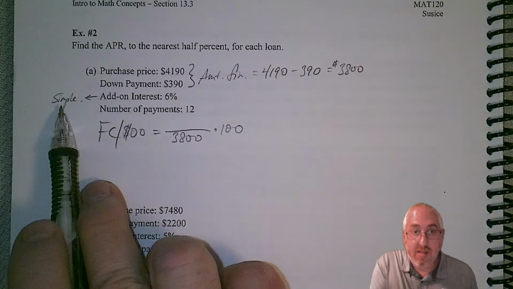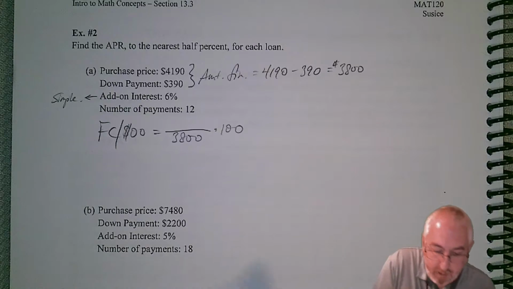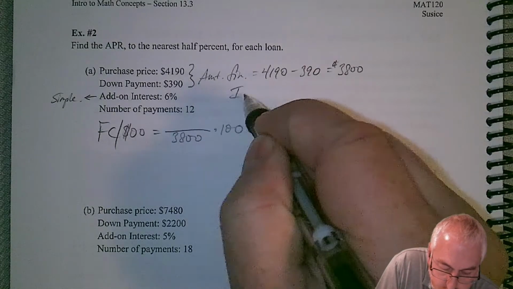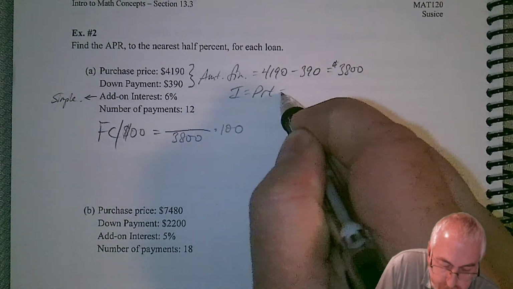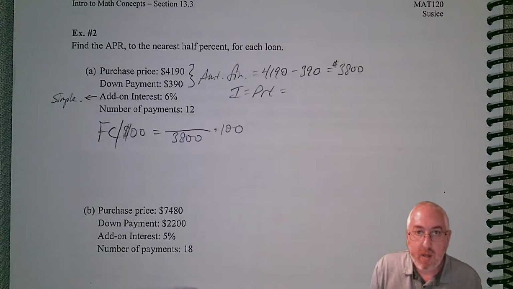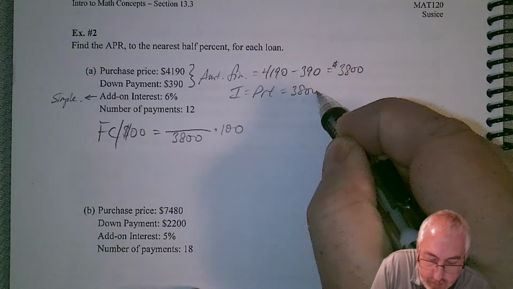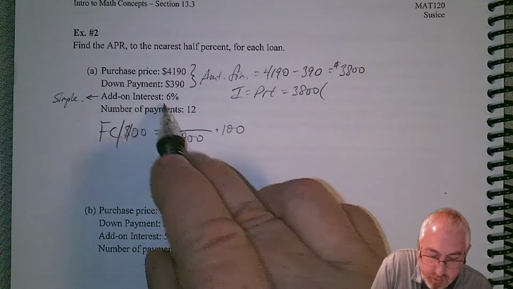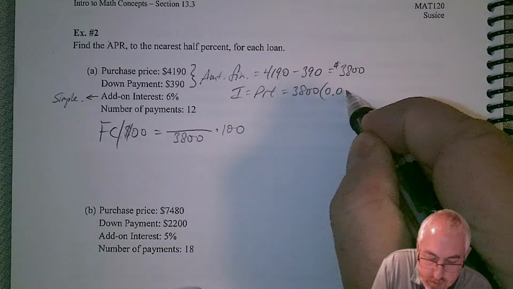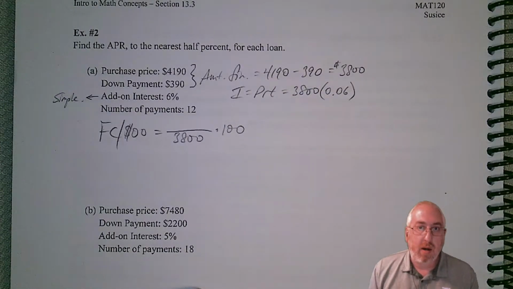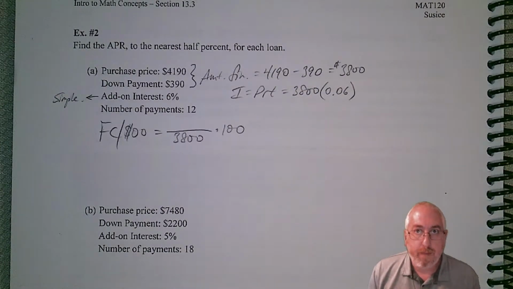Well, because it's simple, we can use our formula. I equals PRT. So we know what we're borrowing, $3,800. We know the interest rate, so 0.06. And then how long are we doing the loan for?